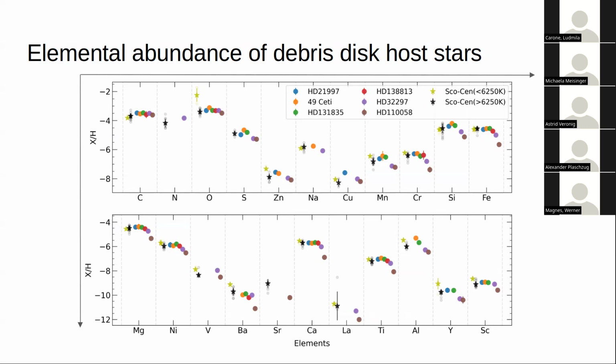And so you see that, for example, for carbon or oxygen, the abundances are quite similar to the reference abundance. But as you go down, for example, for chromium or iron or magnesium, you see that some of the stars have lower abundance than the reference one. Specifically, there are these two stars which show this refractory depletion.